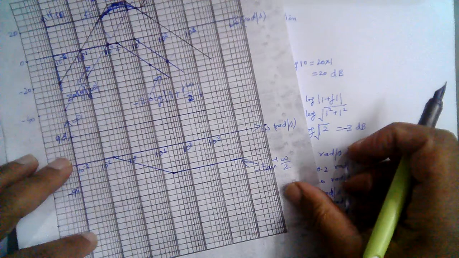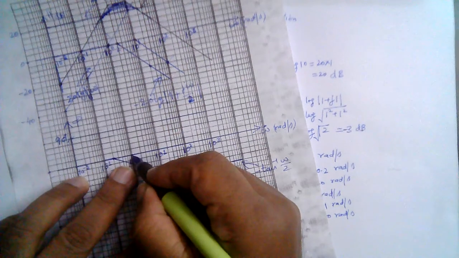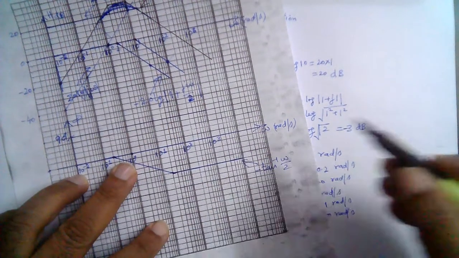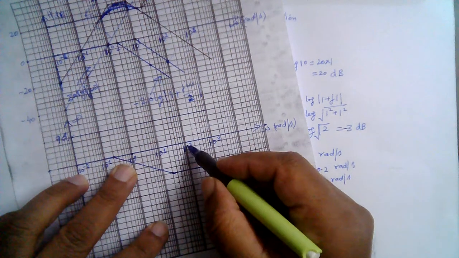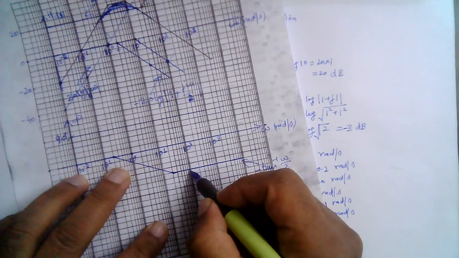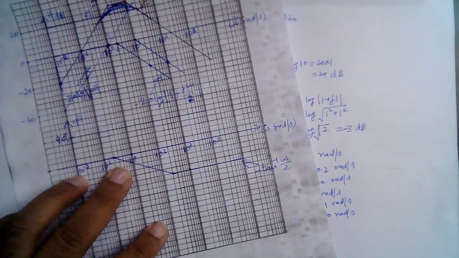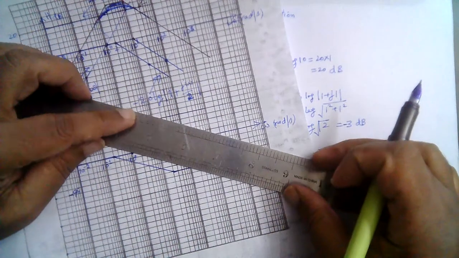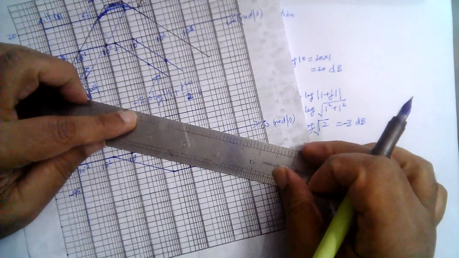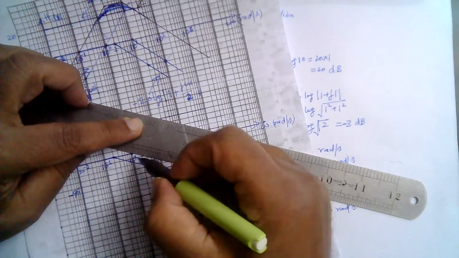So at 10 to the power 0, this is 1 radian, right? And till 100 radians per second, this is 100 at this point, right? So till this point, it has the same slope as this line, starting from 10 raised to the power 0.